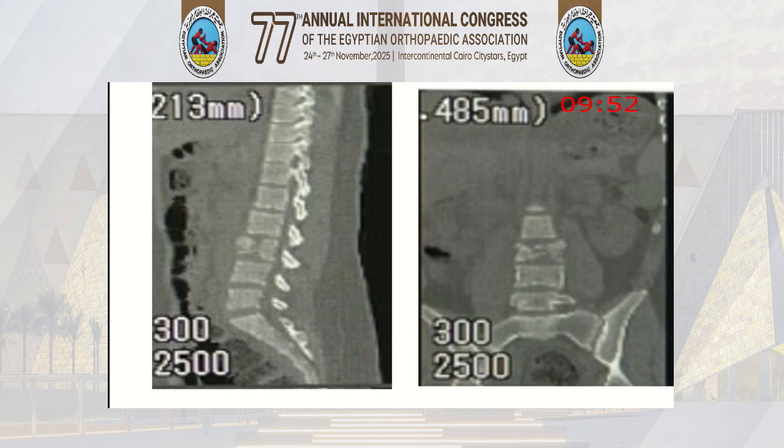So it should be better than A3 and A4, according to the AO classification, right? Or there may be something wrong with the classification itself.